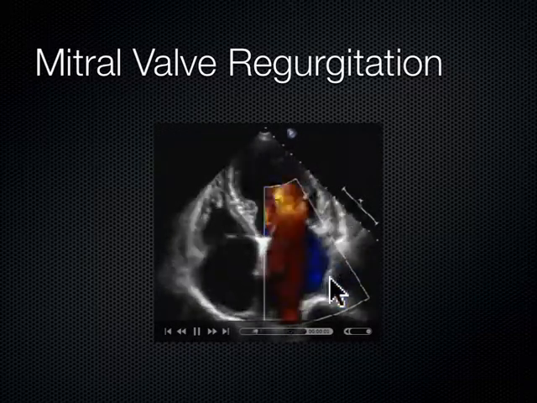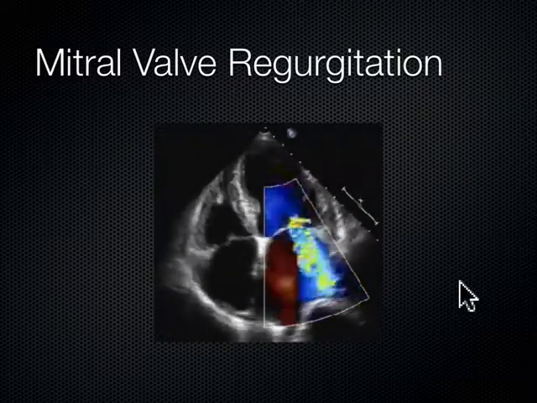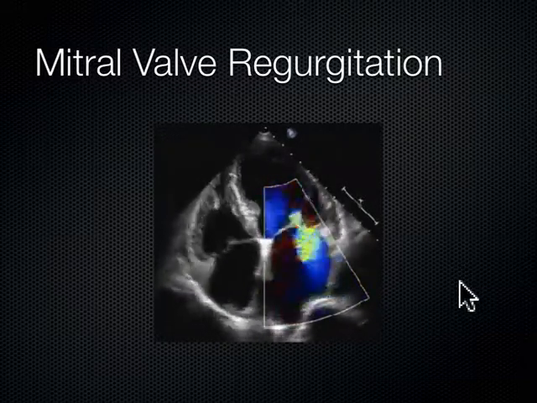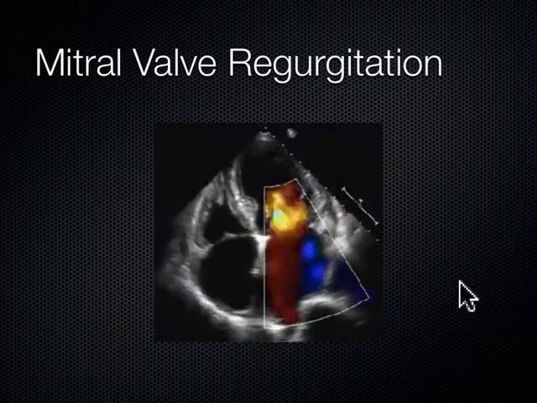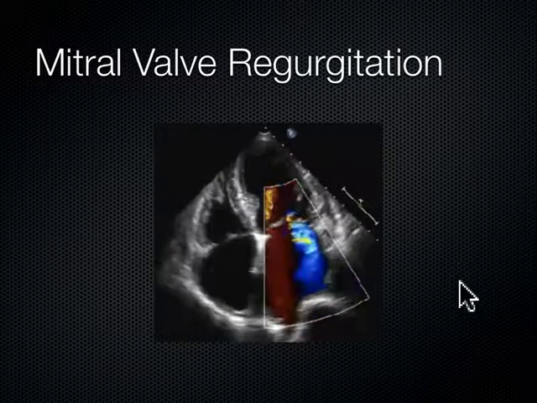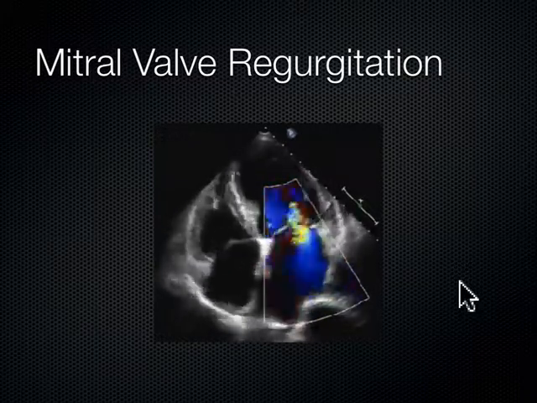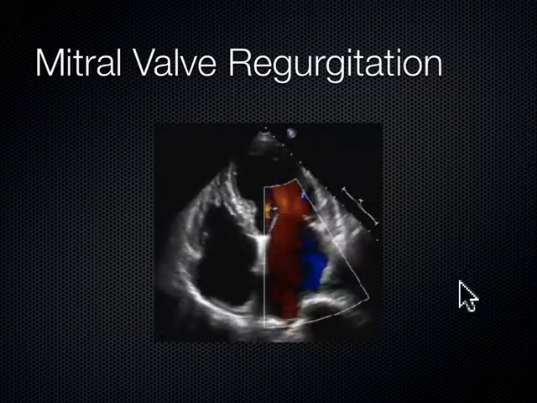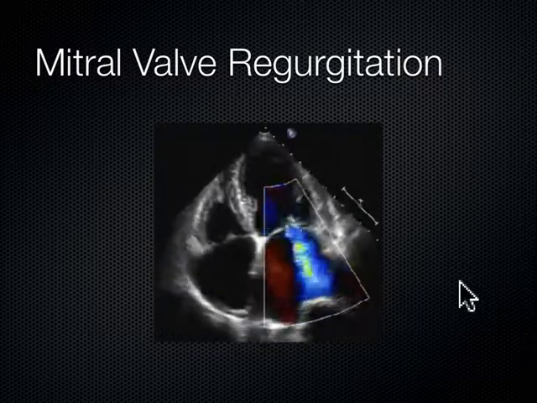So this blue jet that we see here coming into the back of that left atrium and smacking into the far wall of that left atrium, this would be somewhere around moderate to severe mitral valve regurgitation. Because during systole, we shouldn't see that blue jet slamming back into that left atrium.